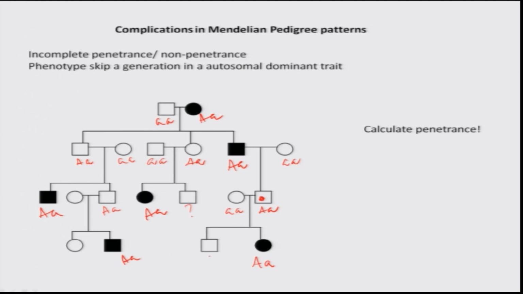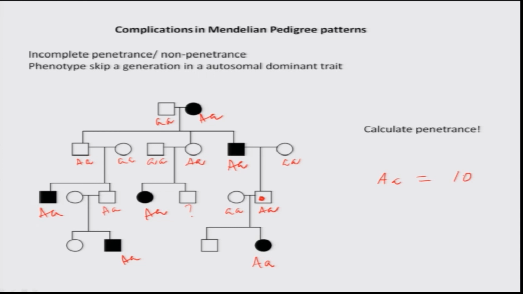Now let us look at the minimum number of individuals that are heterozygous for the mutant allele. You can calculate that: 1, 2, 3, 4, 5, 6, 7, 8, 9, 10.